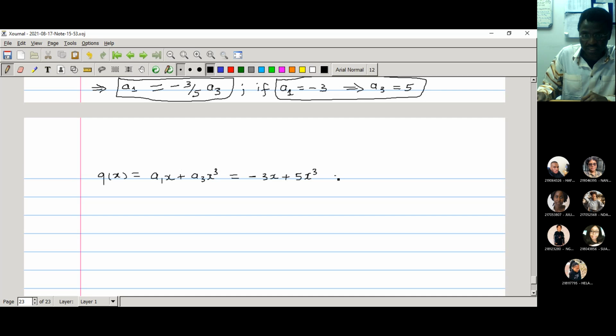Or you can also write that Q(x) is 5x^3 minus 3x. You see?